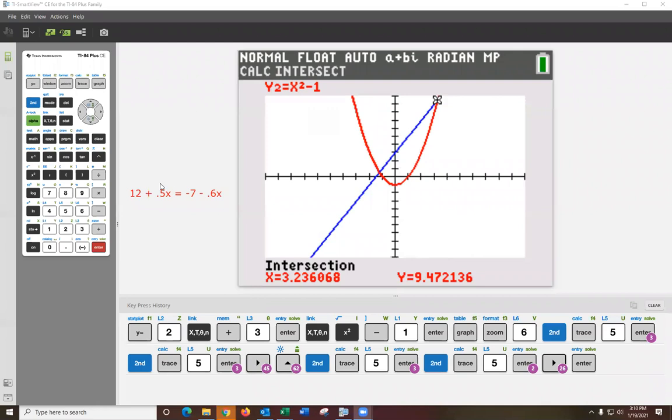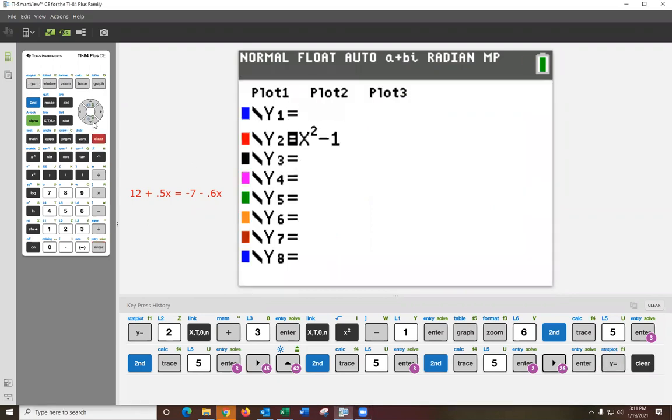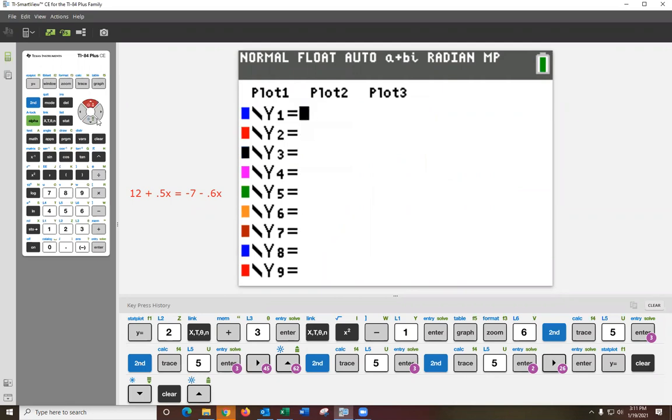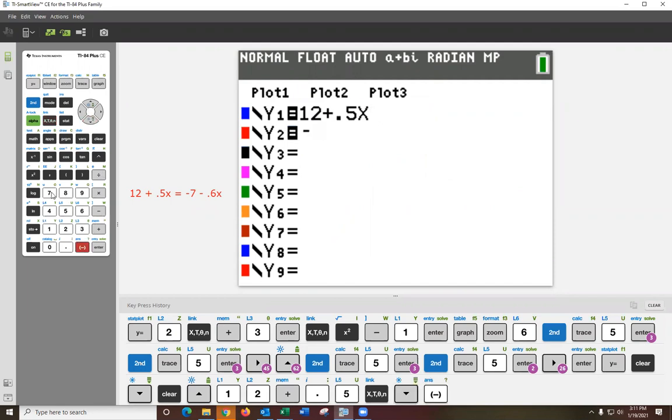Here's a new equation. Obviously, we could solve this one by hand, no problem. But let's practice. So we've got 12 plus 1/2 x and negative 7 minus 3/5 x, or 0.6x.